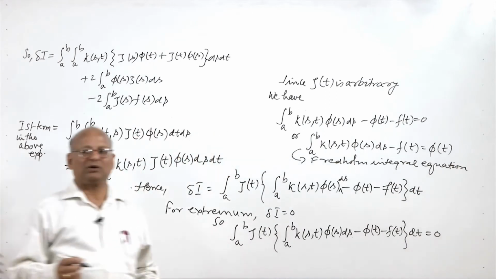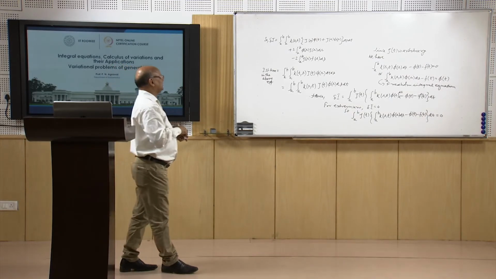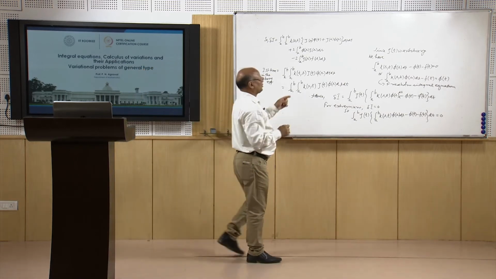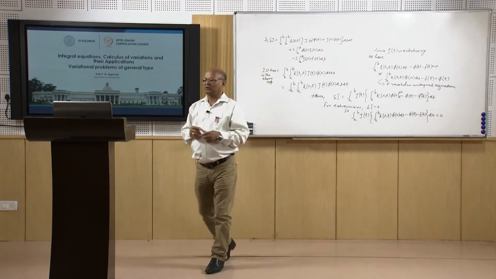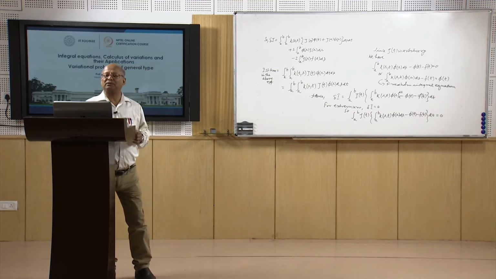What we want to emphasize is that the Euler equation for the given variational problem is nothing but the Fredholm integral equation, where phi is the unknown function. Let us now go to the second example.